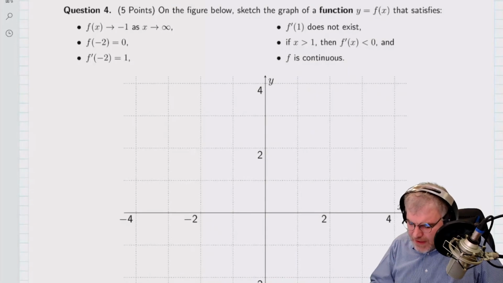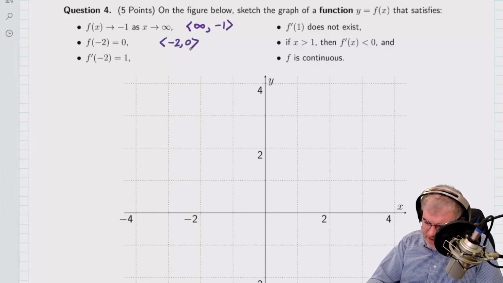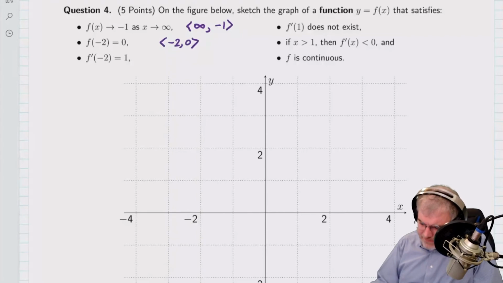Okay, for the graphing problem, as usual. Okay, so I will do it first with this. So x is going to infinity, f of x is going to -1. -2, 0. Hold off on that one.